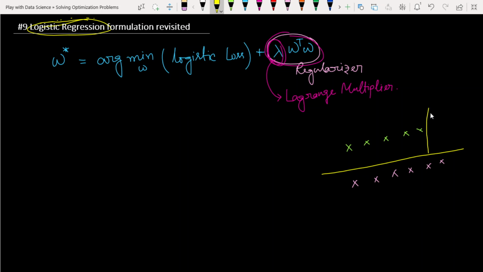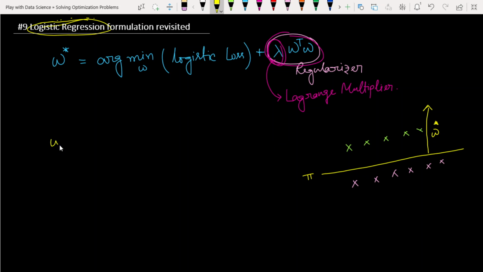And W star is the normal to our optimal plane. If our optimal plane is pi, then W star is the normal to this optimal plane.